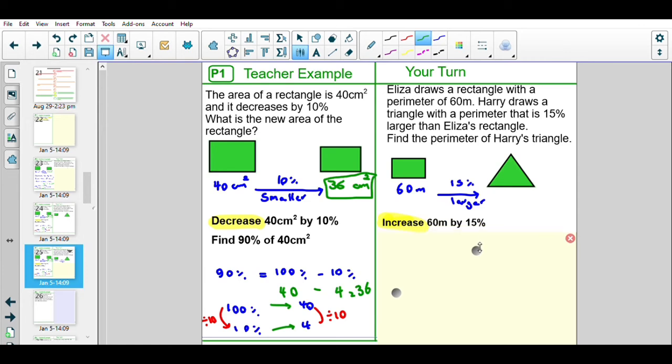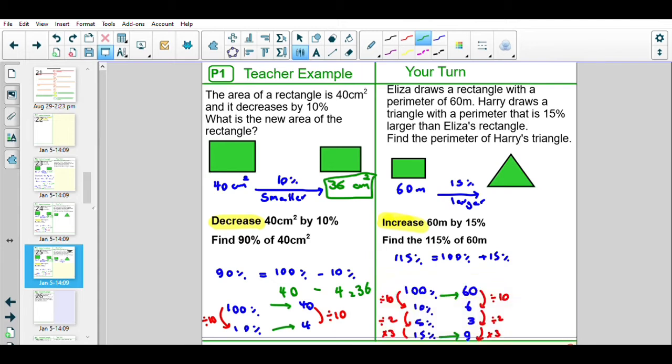Then it shows that it increased 60 meters by 15%. We always translate it by saying finding 115% of 60. We know the 100%, we find 15%, that is 9. And then we find the new perimeter of this triangle, that is 69 meters.